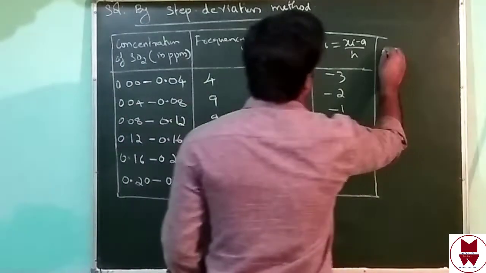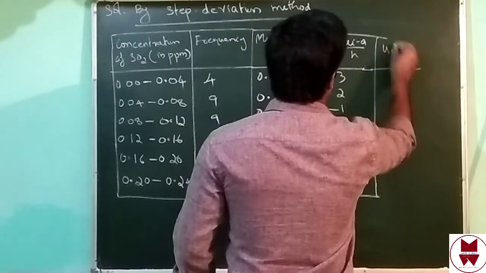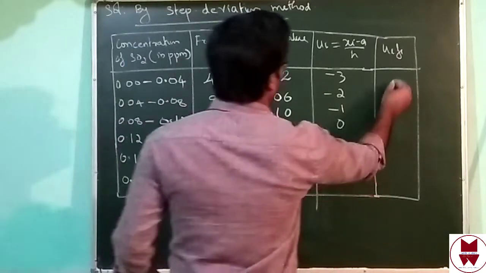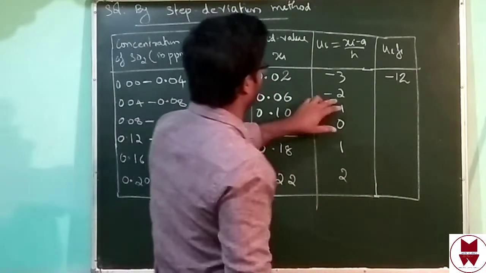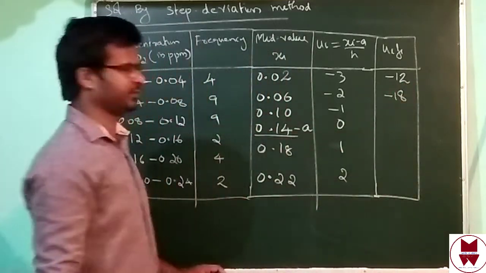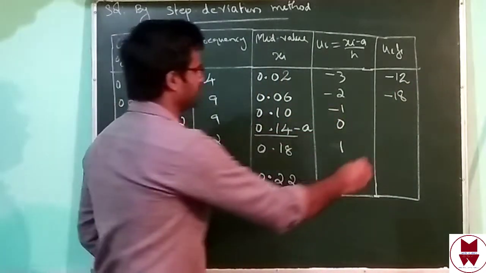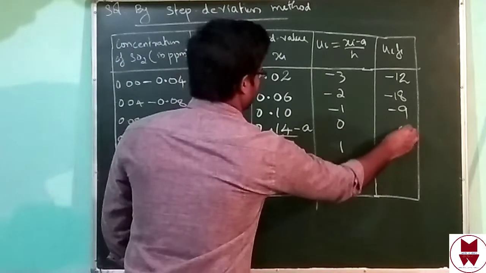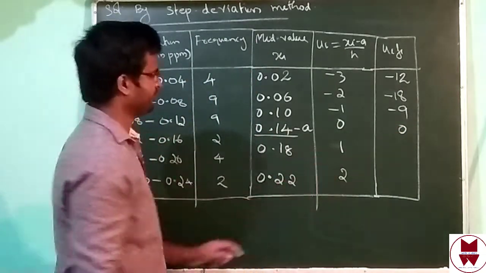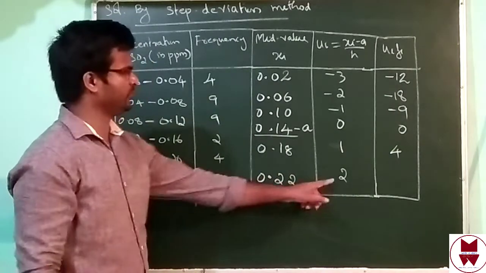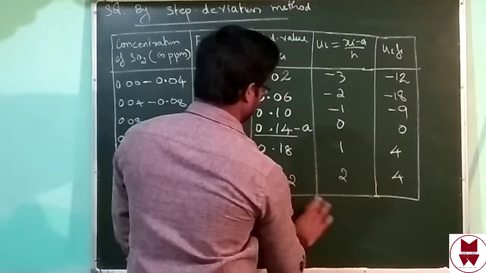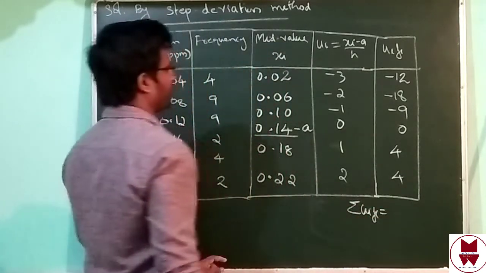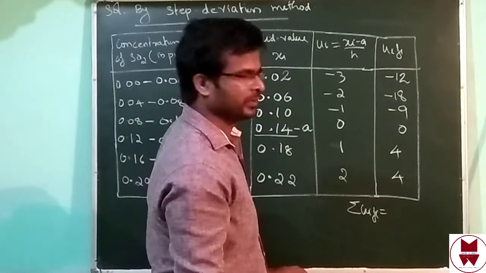Then ui fi. That is 4 into minus 3, minus 12. Then 9 into minus 2, minus 18. Then 9 into minus 1, minus 9. Then 2 into 0, 0. Then 4 into 1, 4. Then 2 into 2, 4. Sum of ui fi: what will you get?